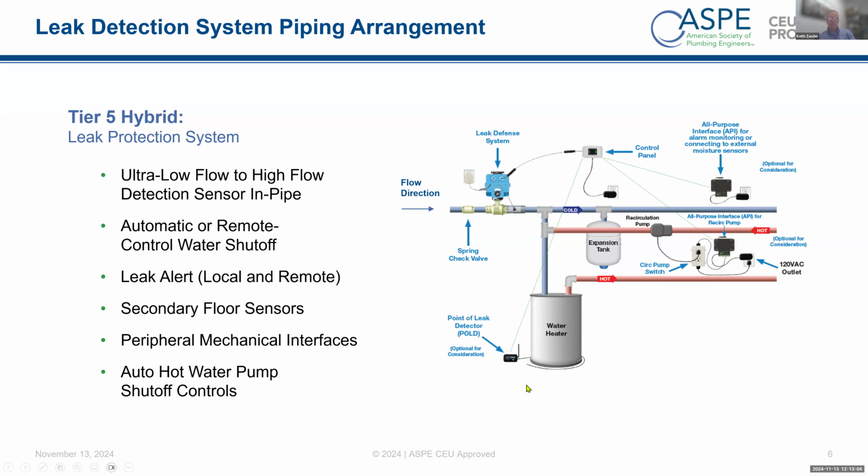And then down here, what we show is any accessories that you want. Point floor sensors, what we call outside of the pipe water detection. Point sensors here will automatically shut this off without any time delay. For instance, this device right here may have a time delay on it.